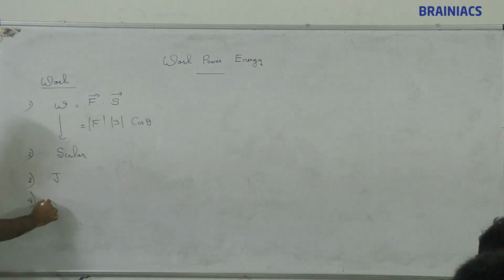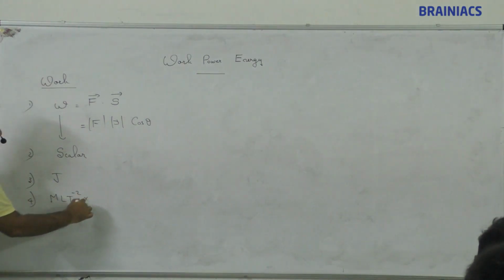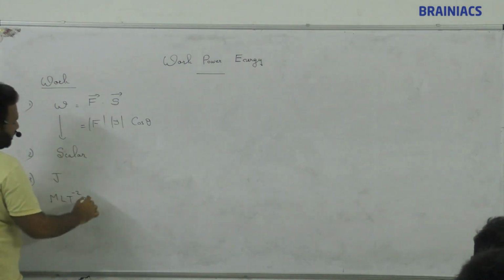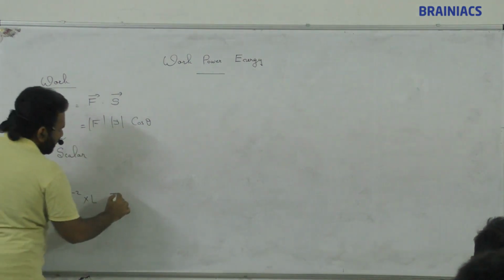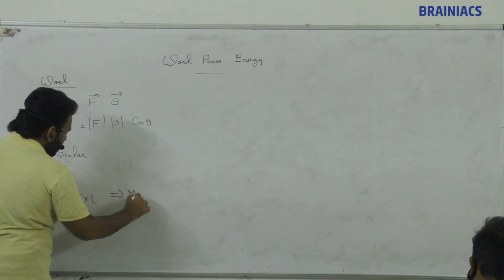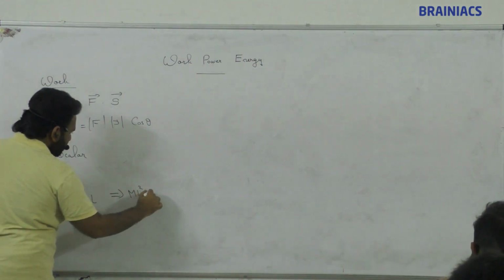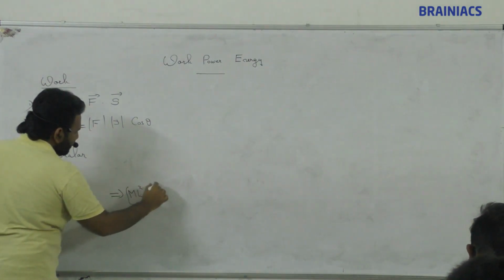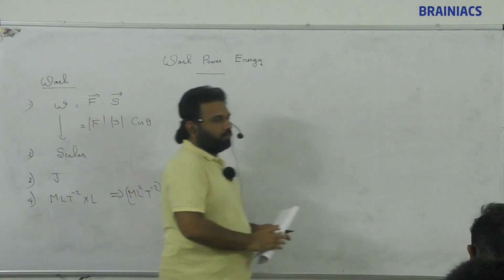Fourth point, dimensional formula of work is M L squared T raised to minus 2.